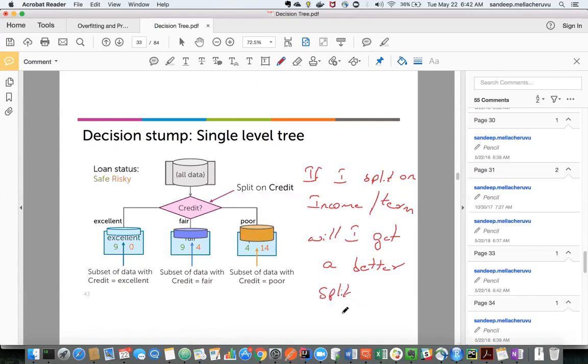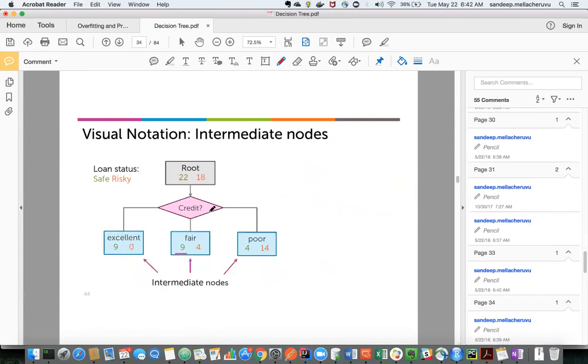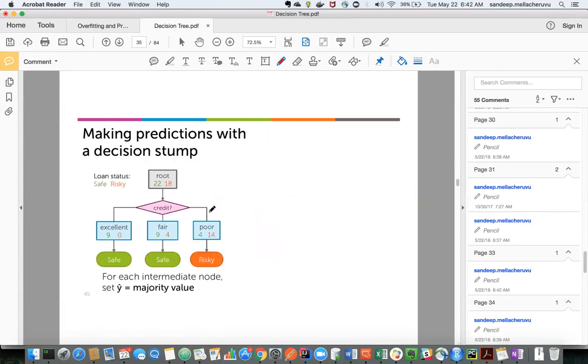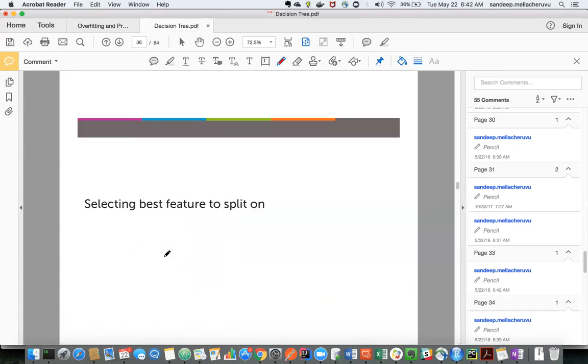Now, if I get a better split than this one, I should go with that particular variable, not credit. Now, how do I know if it is a better split or not? Yeah, this is what he is saying. You can predict based on the majority value, but that is not accurate.